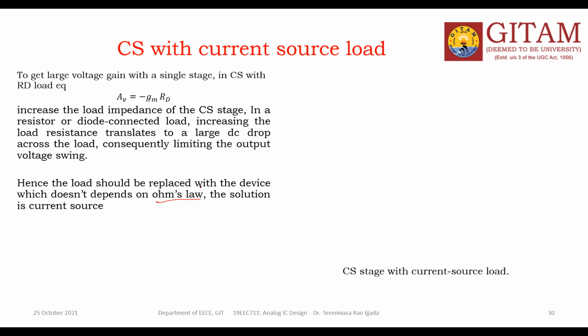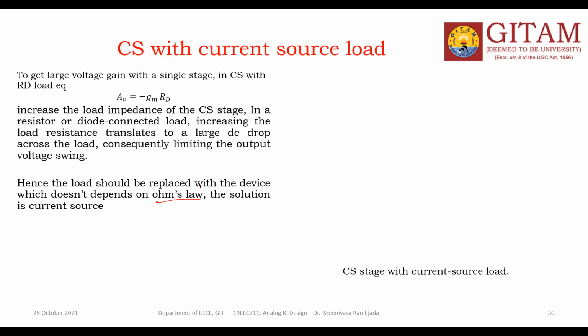As per Ohm's law, whenever the current through the resistor increases, the voltage drop increases. So the RD or diode connected device should be replaced with a current source. If you replace the load, either RD or diode connected load, with the current source, then you may get some benefit over the others.